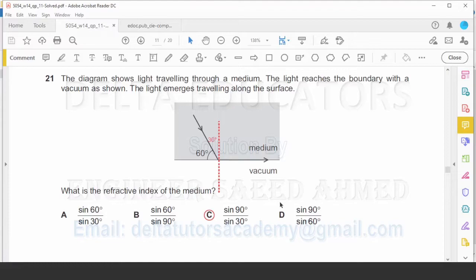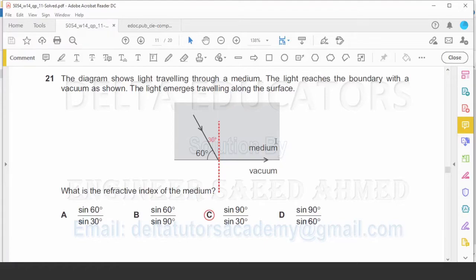You should remember one thing, if light is traveling from vacuum to any medium, then we have to take the ratio in between the sine of angle of incidence and sine of angle of refraction. Whereas if light is traveling from any medium to a vacuum, means from denser to rarer medium, then we have to consider the ratio in between the sine of angle of refraction and sine of angle of incidence.